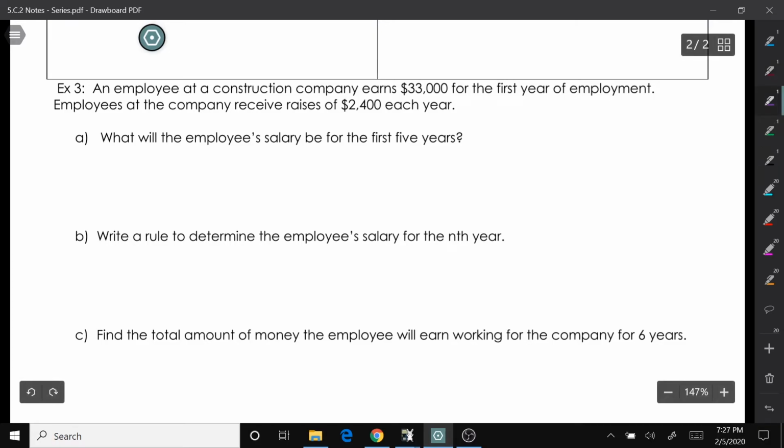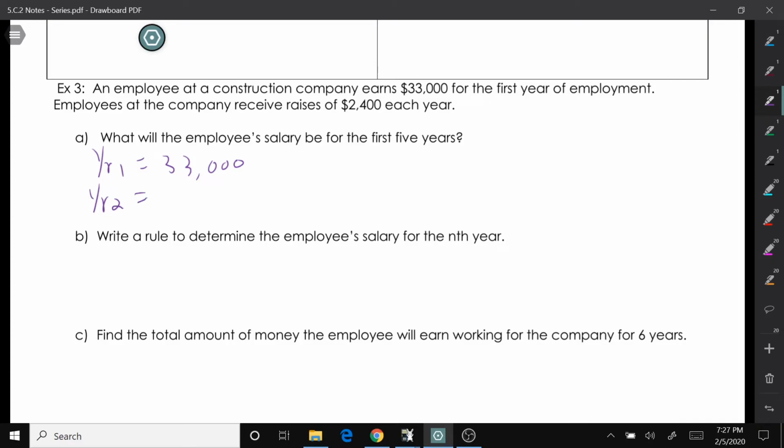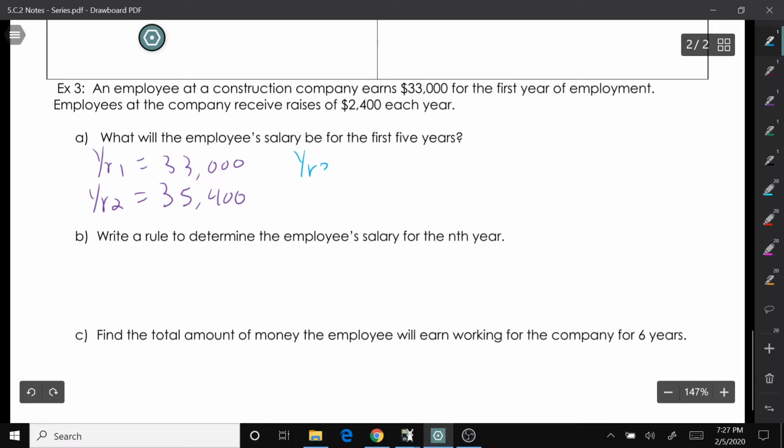Okay, so year 1, we were told is $33,000. Year 2, well, we're going to add $2,400 to this, and that will give us $35,400. Year 3, we're going to add another $2,400, and that's going to give us $37,800.